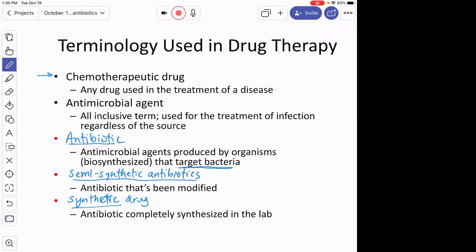Okay. So again, they still target bacteria only. So for example, we're going to talk about these later, but sulfa drugs are fully synthesized in the lab. We still call them antibiotics because they work only on bacteria.